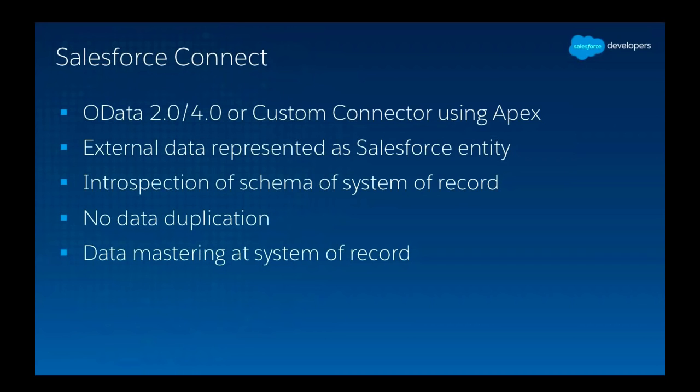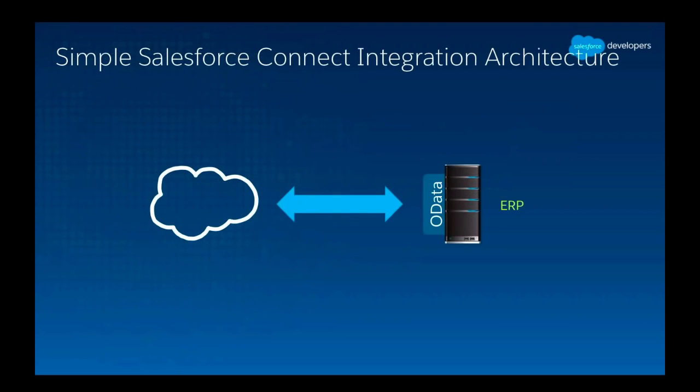Now, what ends up happening in Salesforce, though, is the external data gets represented as a proper Salesforce entity or a Salesforce object. So you can introspect the schema of the system of record. You can automatically generate Salesforce objects. There's no data duplication. We go and get the data on request, and the data remains mastered at the system of record. Now, there's a straight kind of integration that we can do with this.